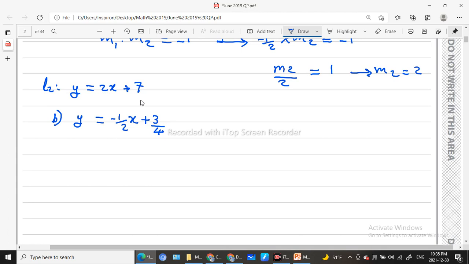So the right side here must equal the right side here. So 2x plus 7 equals minus half x plus 3 over 4.